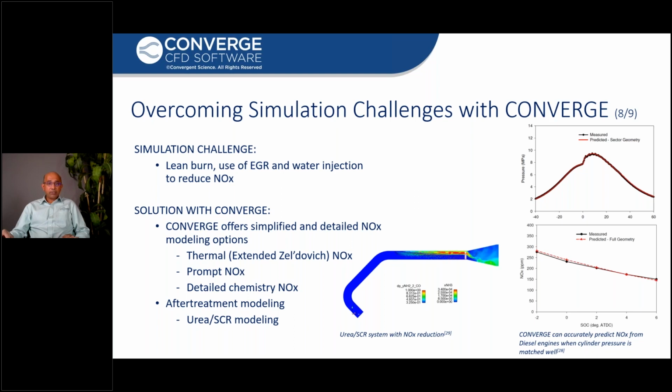Our clients have been successfully using CONVERGE for all of these applications for many, many years. With CONVERGE, you can simulate the engine-out NOx production with several different models available, and also predict after-treatment methods of NOx reduction in the exhaust.